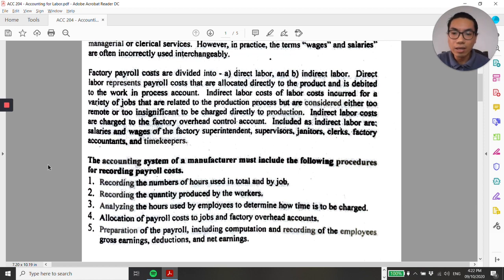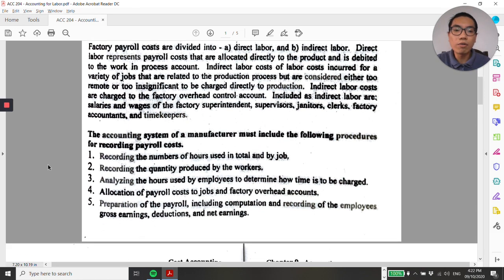In terms of the highlights on the recording of the payroll of a certain manufacturing industry, normally in a large company setup, like our multinational companies who can afford multiple accountants employed in the company, we have a separate payroll accountant.